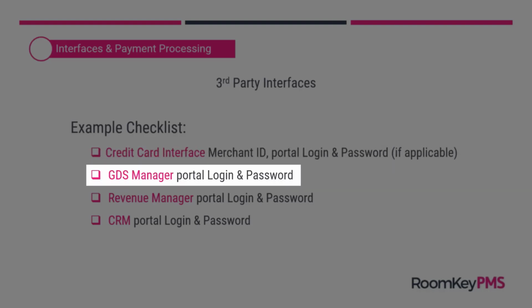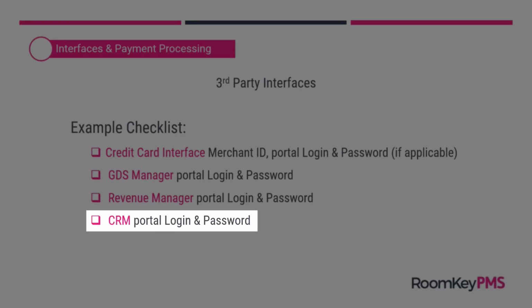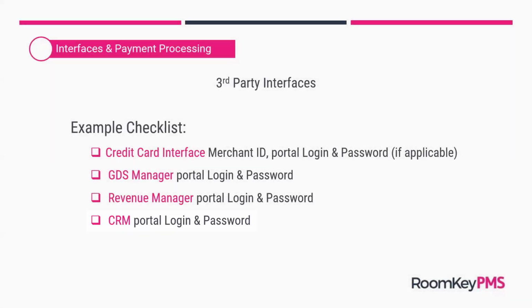If you're using any GDS management tools or direct connects through Expedia or Booking.com, you do need to have that portal login and password, as well as any revenue managers. You want to have that portal login and password, and of course, any CRM, customer or reputation management systems. We do not do any training on how to manage these services on their portal. You will need to go to the third-party vendor.